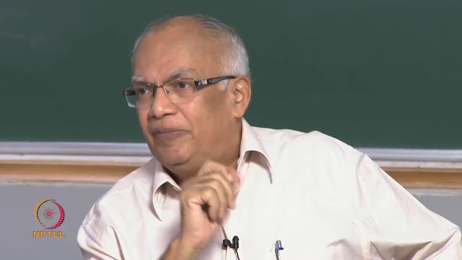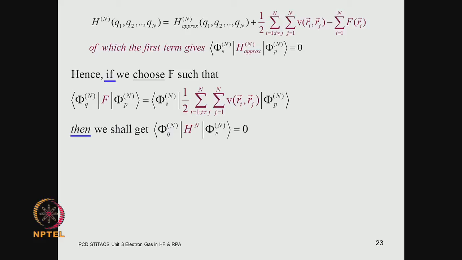Here is the suggestion, that if f is so chosen that the matrix element of the third term is exactly equal to the matrix element of the fourth term, given the fact that the third term comes with a plus sign and the fourth term comes with a minus sign, then these two will cancel each other and you will get the matrix element of the n electron Hamiltonian in the qth and the pth state to vanish, because the first term, which is the approximate Hamiltonian that we have already seen, gives you a vanishing matrix element.